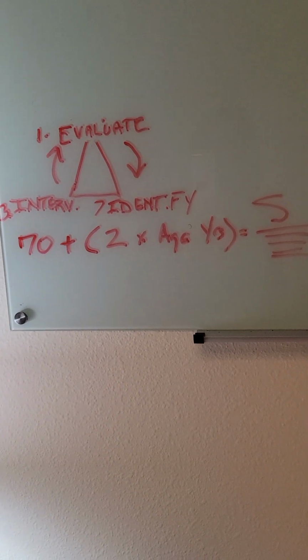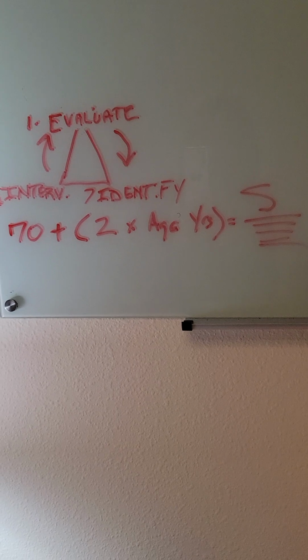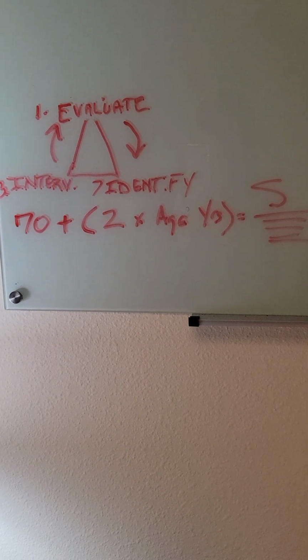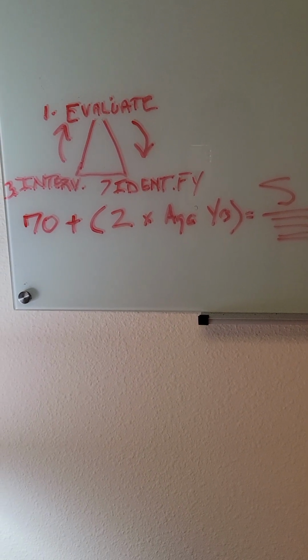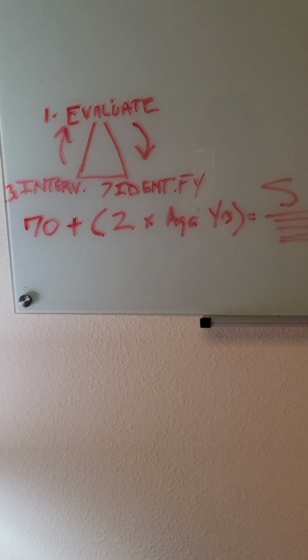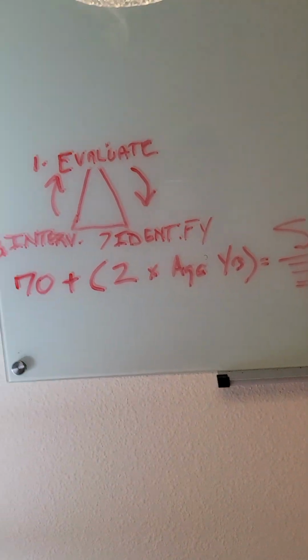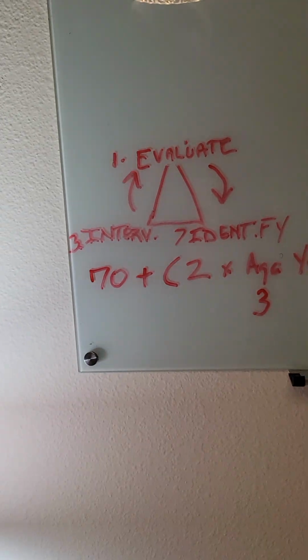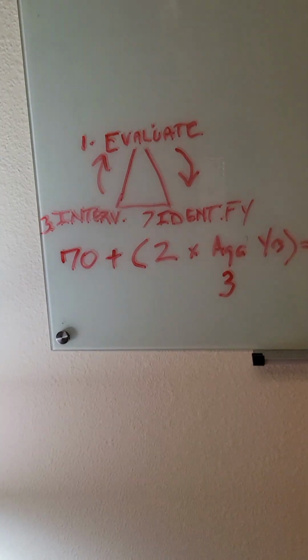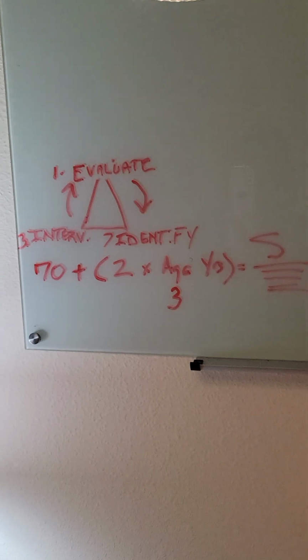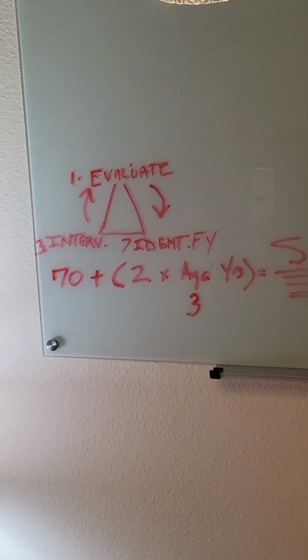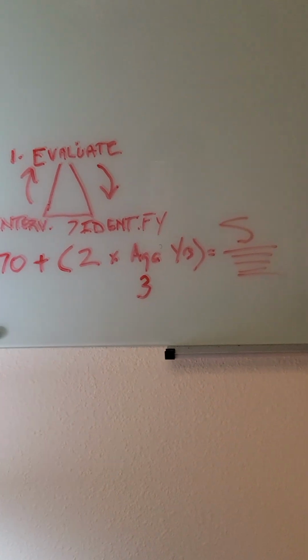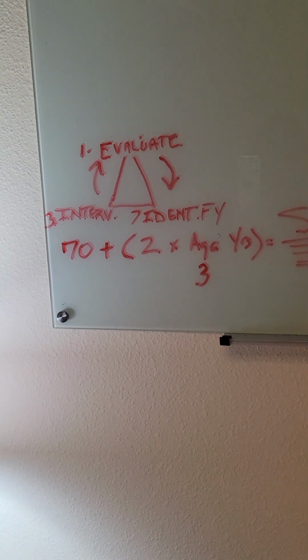American Heart is clear to say that this does not mean that's the normal systolic that it should be for that child's age. For example, this child might be 3 years old. 2 times 3 is 6, plus 70 is 76 for systolic. That doesn't mean that's where he or she should be.